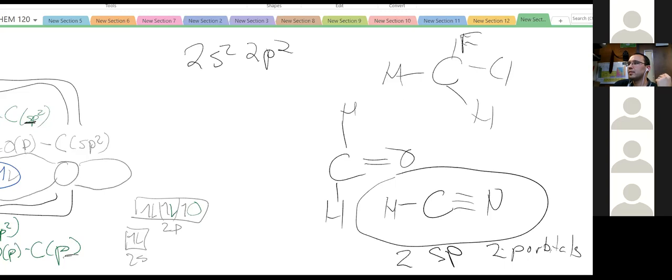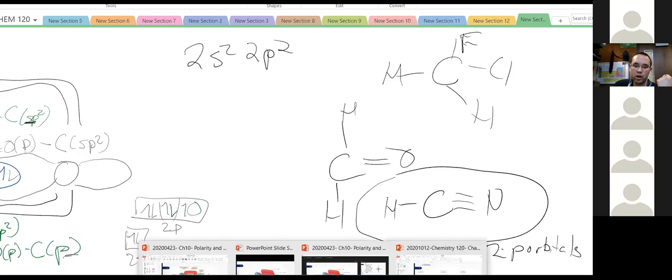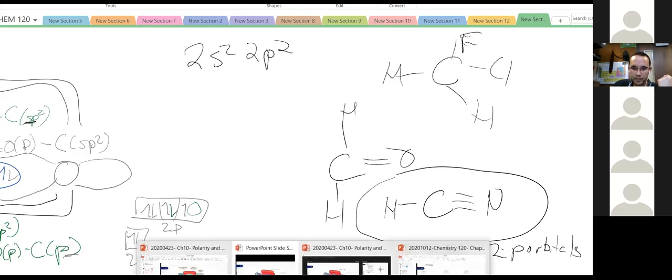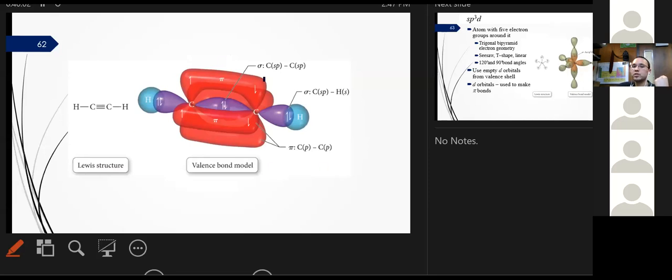So for the exam, how is this going to be presented? Maybe they would give you something like this, without the sigma, the CSP to CSP, and you would be filling in this section for each of them.